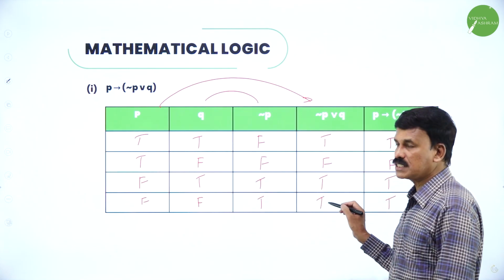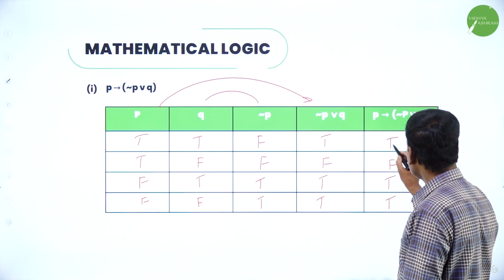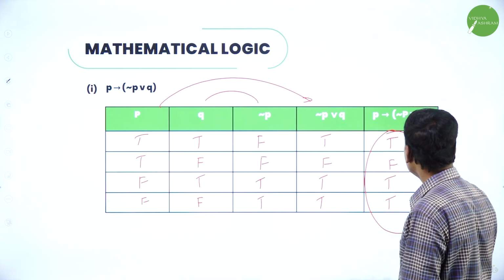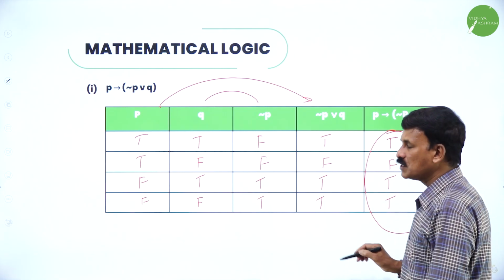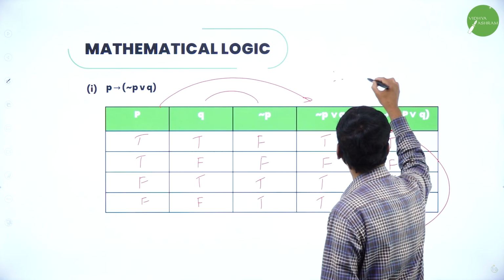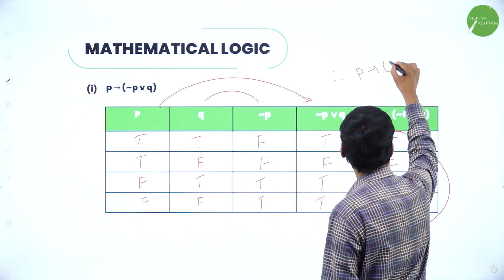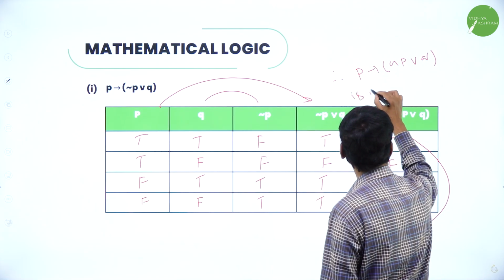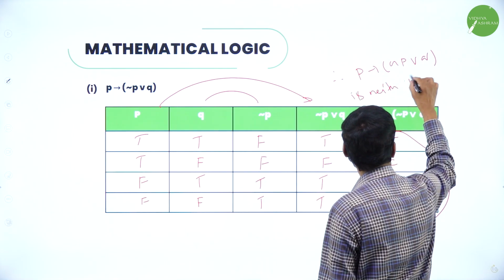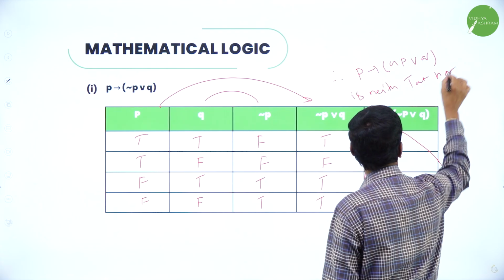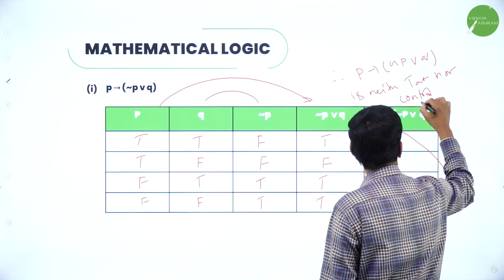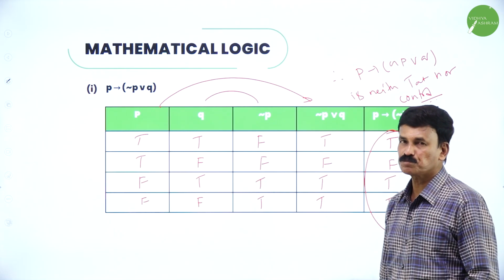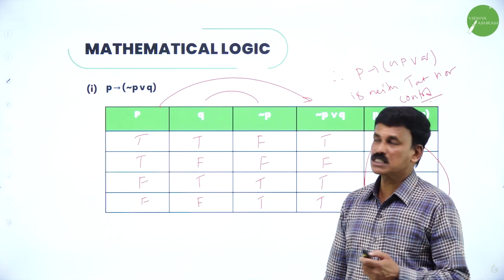So, all the truth values in the last column are T, F, T, F. Therefore, P conditional to negation P disjunction Q is neither a tautology nor a contradiction. Hope you followed. Now, move on to the next problem.